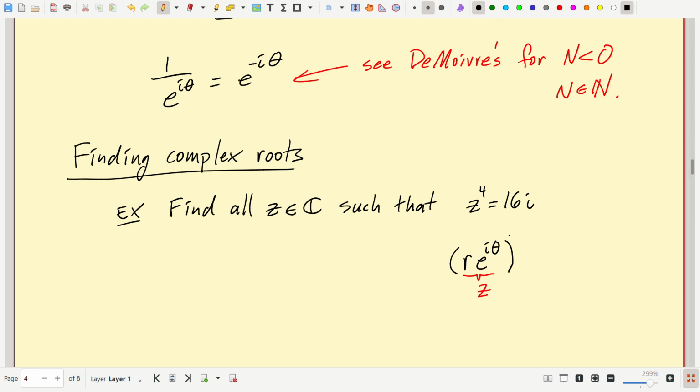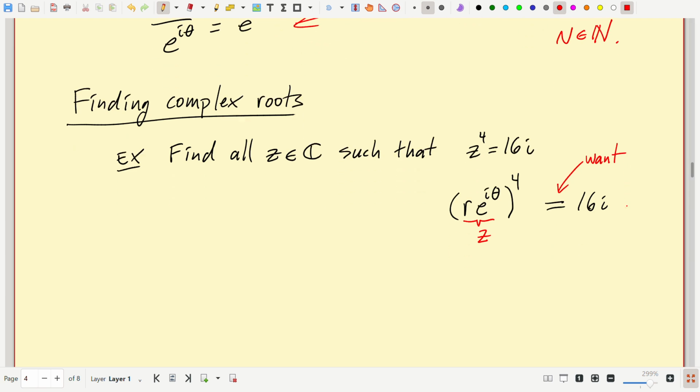And I want to take that to the fourth power, and I want it to be 16i. I've just gone through the basic facts about de Moivre's formula. That fourth power is r to the fourth times e to the i 4 theta. And I want that to be 16i.